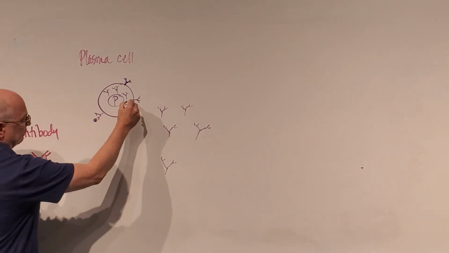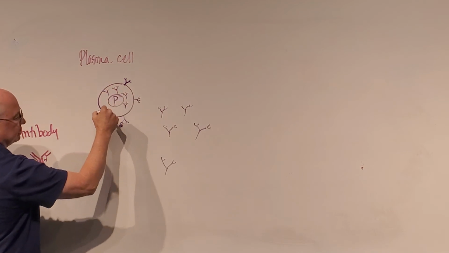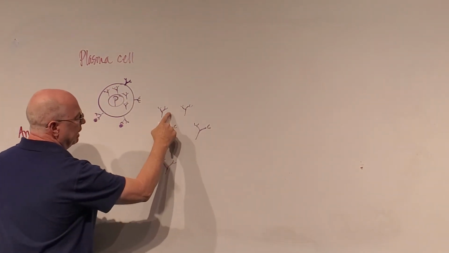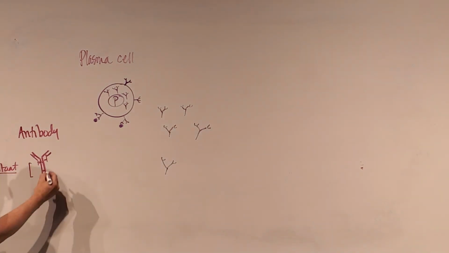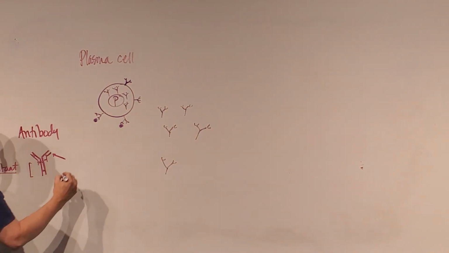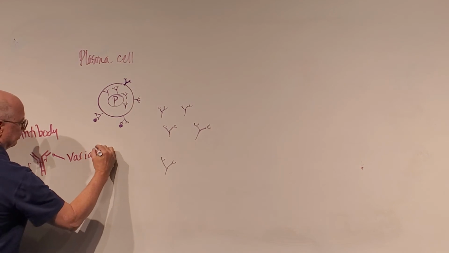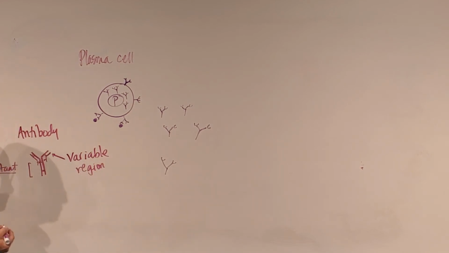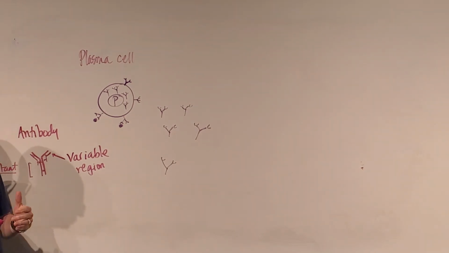So all of these have the exact same amino acid sequence, and the part that's bound to the membrane, and this part will not bind to the foreign cells. But this little area right here is called the variable region. The variable region can vary from antibodies that are against a specific foreign invader.